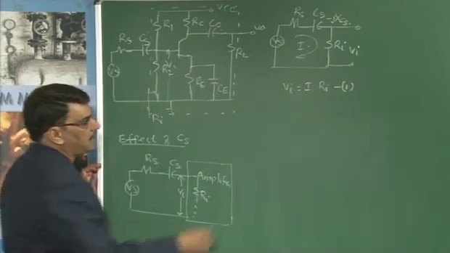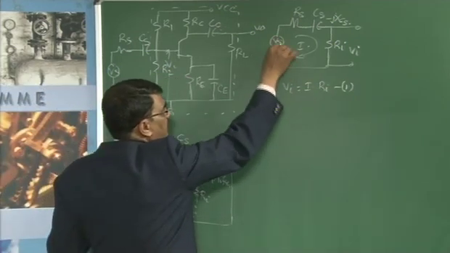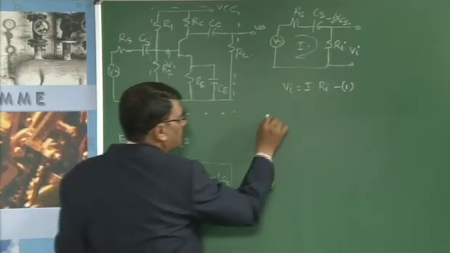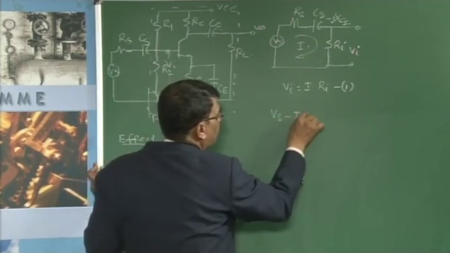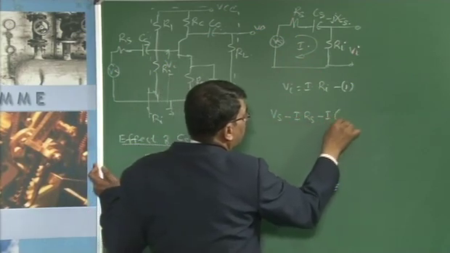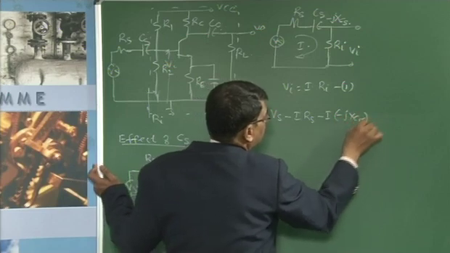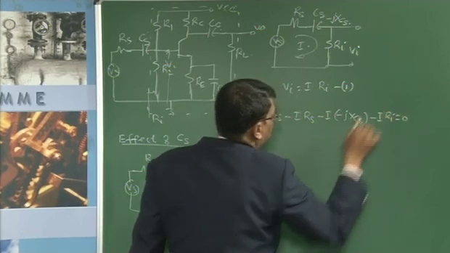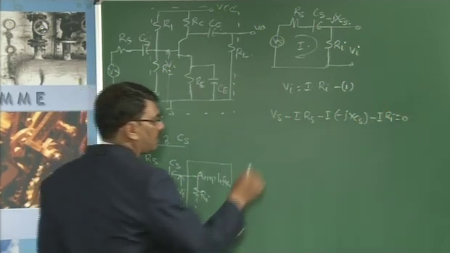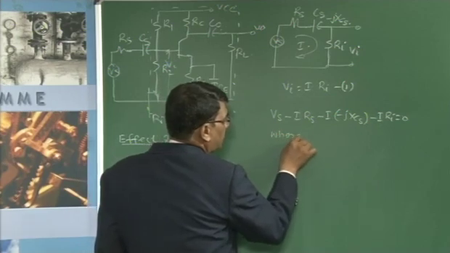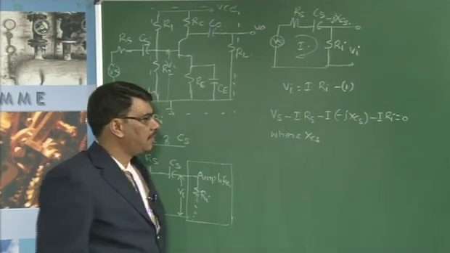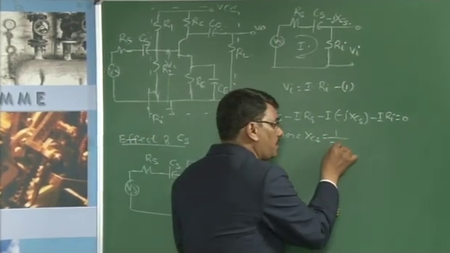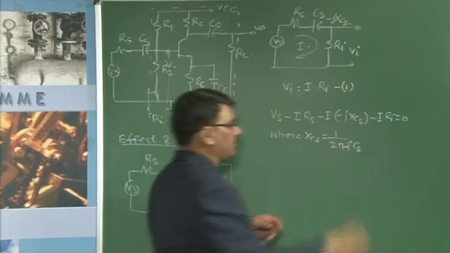We need to find I. To find I, we apply KVL to the circuit shown in the figure. Then Vs minus I into Rs minus I into minus jXCS minus I into Ri equals 0, where XCS is the reactance of the capacitor, given by 1 by 2 pi f into CS.